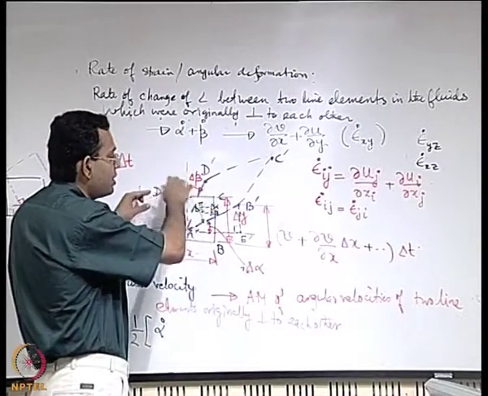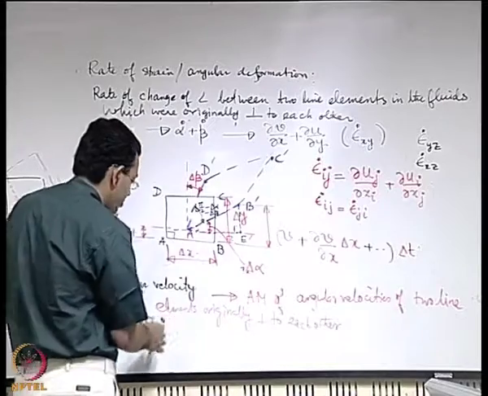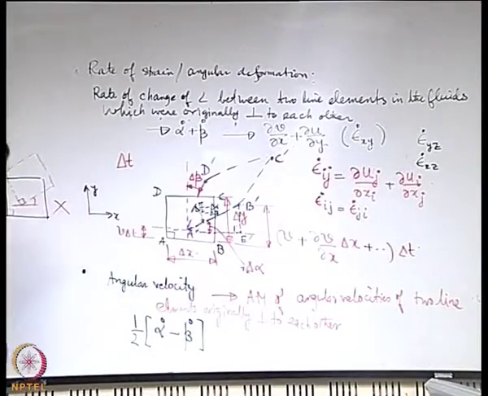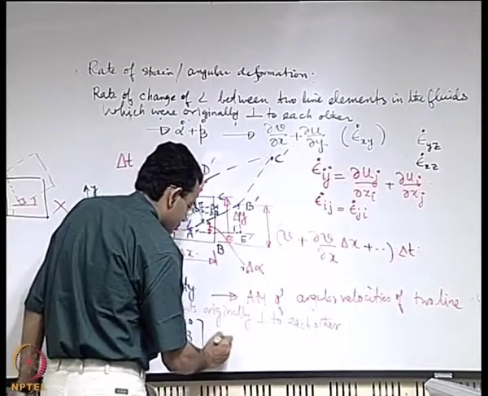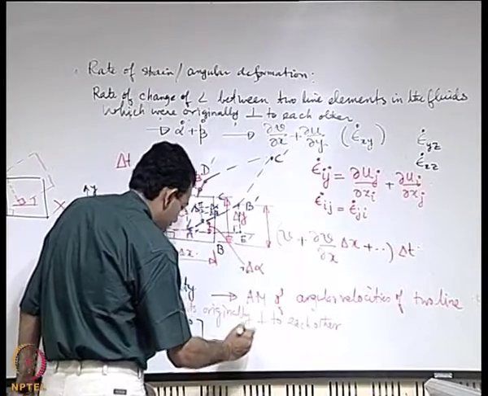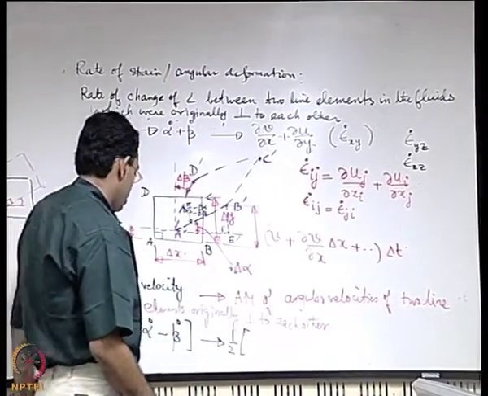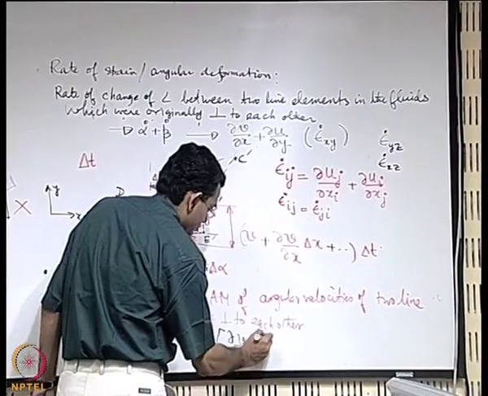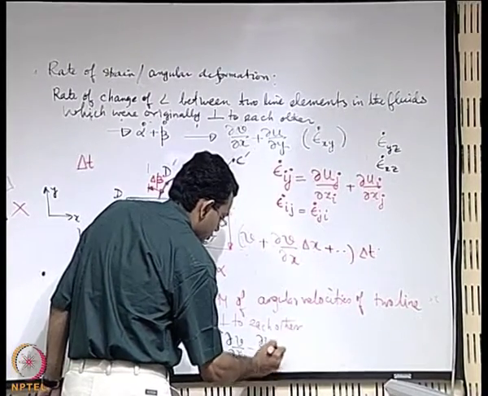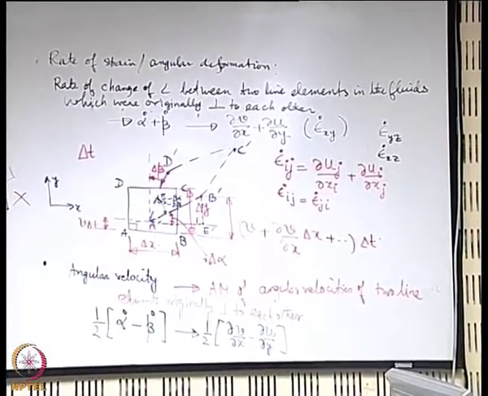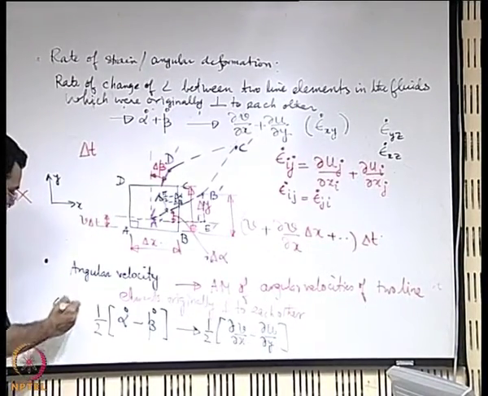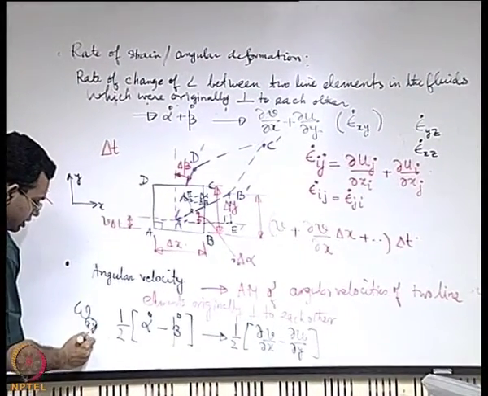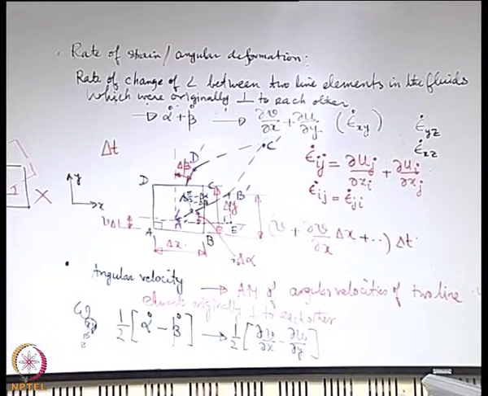If we take that as positive, beta dot is in the clockwise direction, we should take it as negative, because we are already putting the magnitudes of alpha dot and beta dot in terms of u and v. So this will become half of... let us call this the angular velocity in the xy plane, or sometimes people give an index z instead, because this is also the angular velocity with respect to the z axis.